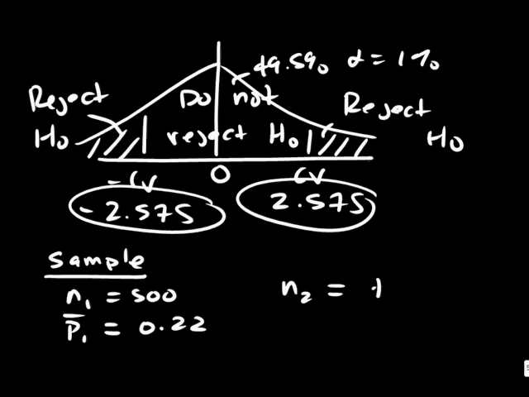Now, we have to notice that we're going to use the sample proportions in our test statistic formula. But let's note that in order to compute a pooled proportion, we need the number of successes. The number of successes of group 1 is found by taking the rate of 0.22, or 22%, and multiplying it by 500.